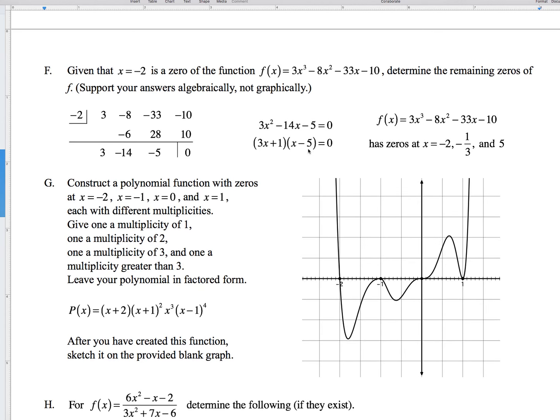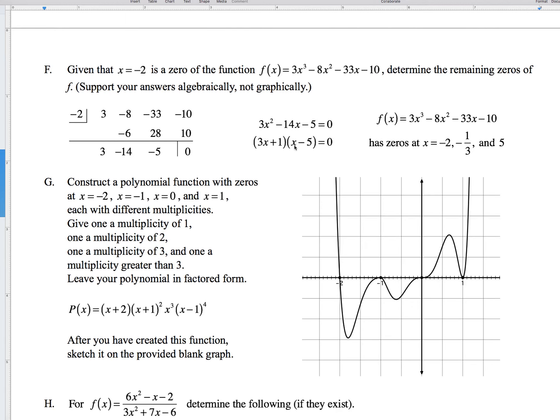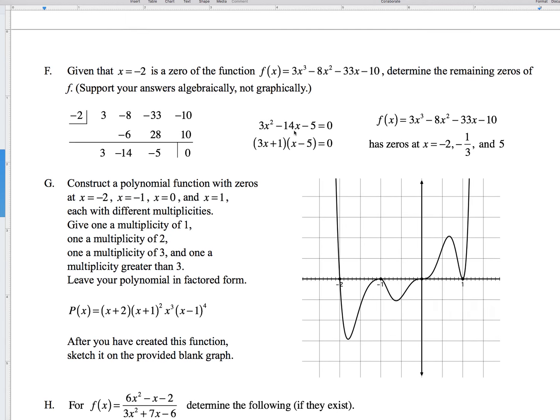Since 3x times negative 5 is negative 15, added to positive 1 times x is negative 14. So you set the 3x plus 1 equal to 0 and the x minus 5 equal to 0, and you find that you have 2 more zeros at negative 1/3 and positive 5. So the function has zeros at negative 2, negative 1/3, and positive 5.